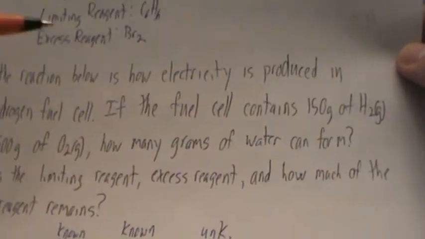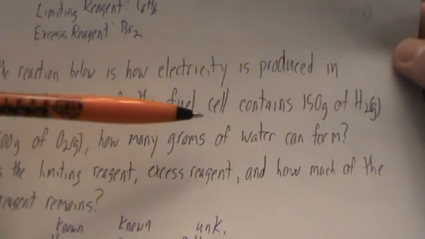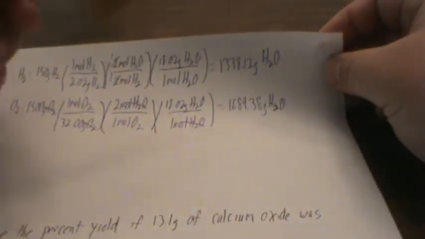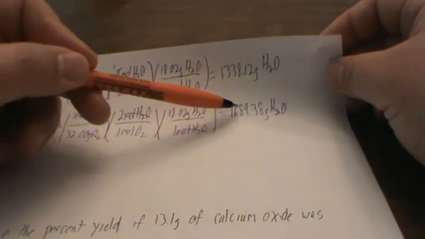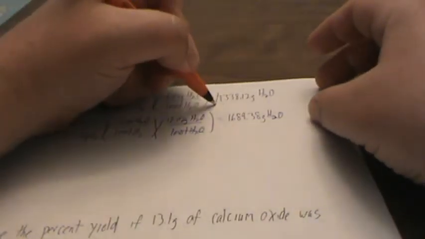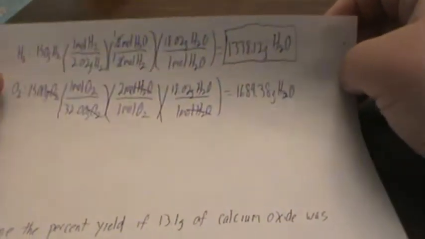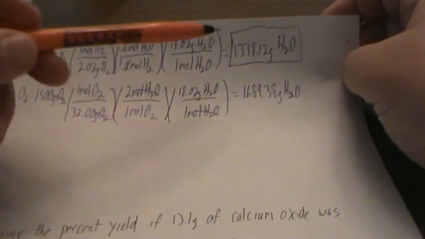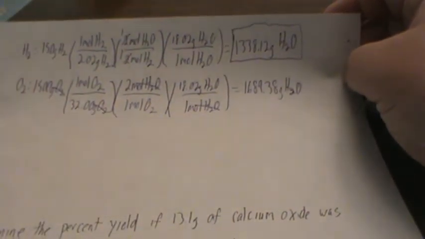Okay, so looking back at our problem, our first question, how many grams of water can form? Well, looking at our two possible answers, we have 1,338.12 grams of water and 1,689.38 grams of water. We have to go with the smaller answer every time. So, first question, how many grams of water? We're only going to get 1,338.12 grams of water.